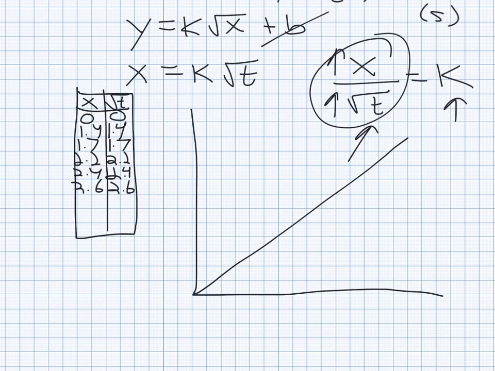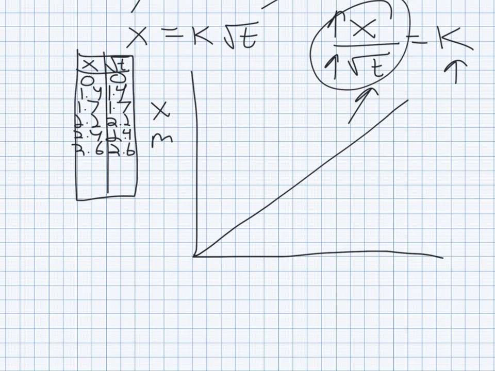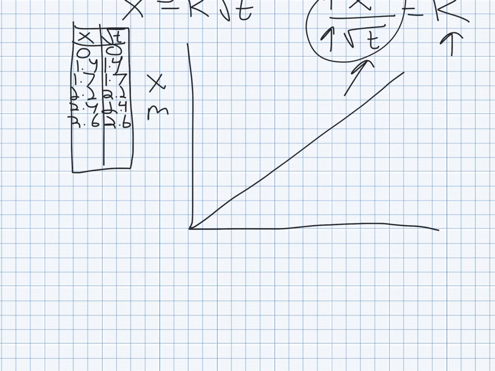Now, in this case, my position is still on the y-axis and it's still measured in meters, but on the x-axis I have the square root of time, or square root of seconds, as my unit. So this would be meters per root seconds, which is not a very common unit, so maybe this would be rough for you. Okay.